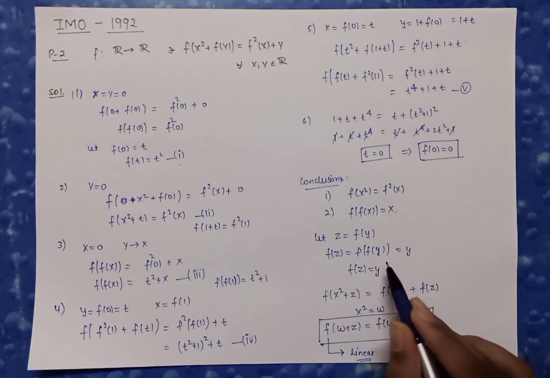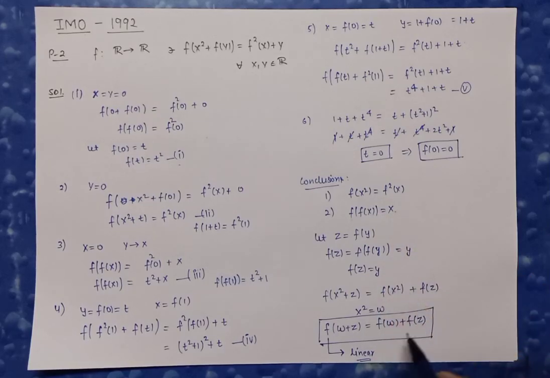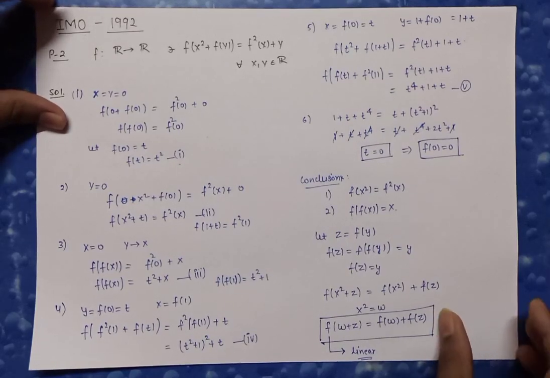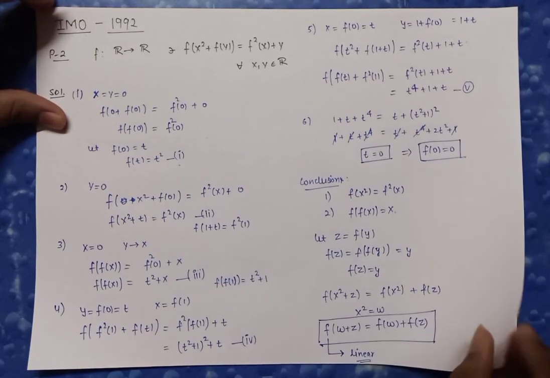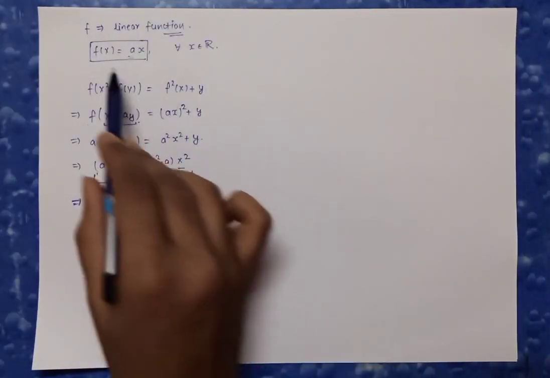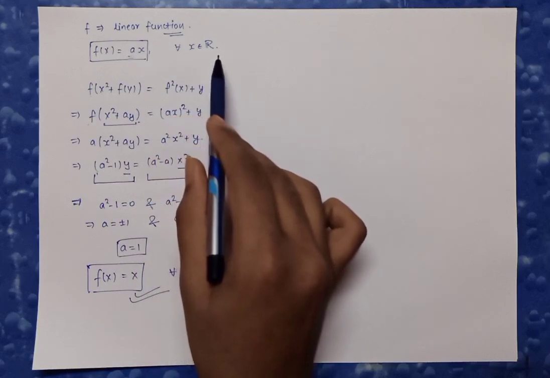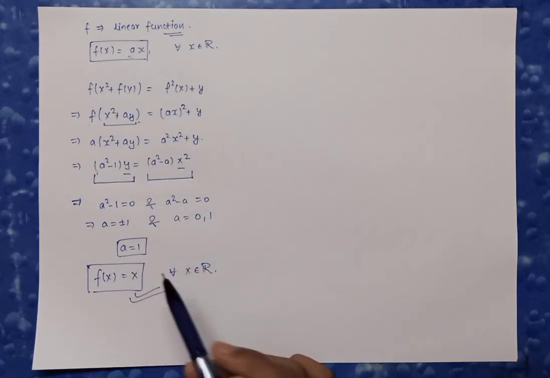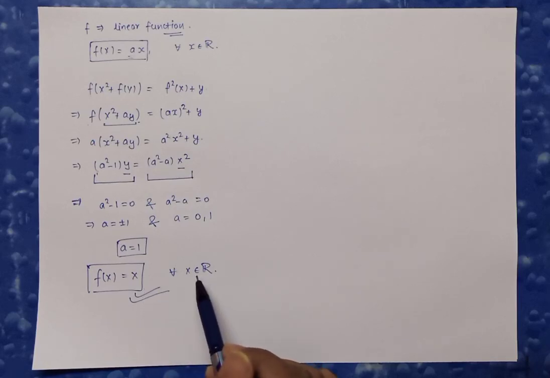Then after one substitution I got something like this, and I recognized that it is a Cauchy's equation, and we also know the derivation of the Cauchy's equation, how it comes out to be a linear function, and I made use of that, that f must be a linear function, and then I just assumed that f of x equals to ax for all x belongs to real, and substituted it into the mother equation. I got a equals to 1 and f of x equals to x for all x belongs to real R, and this is my solution for this question.